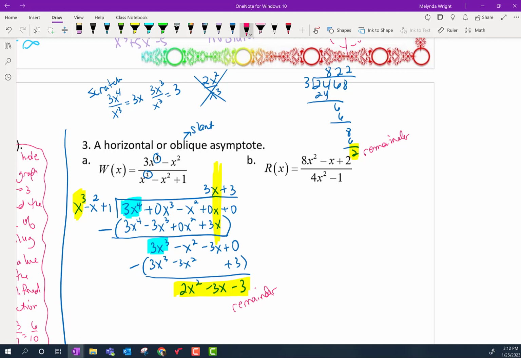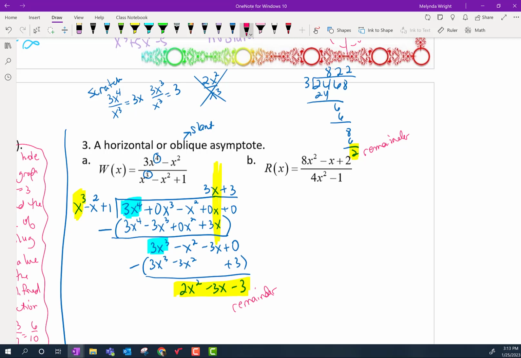Now, if we were doing just normal long division, we would do something with the remainder. Since we're doing this for the sole purpose of a slant or oblique asymptote, the remainder doesn't really matter. I know, I just hurt its feelings. I'm so sorry, remainder. We don't deal with the remainder at all.